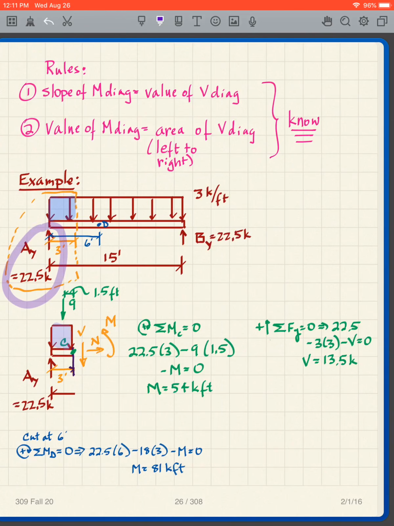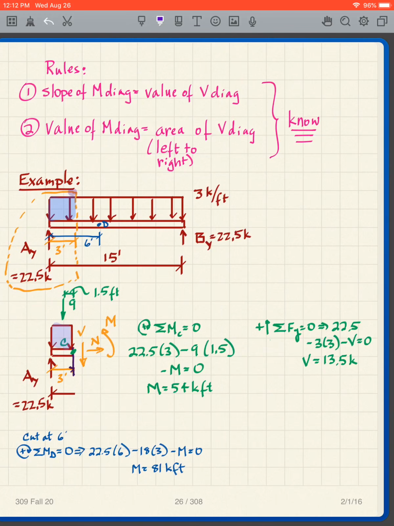I get half going to this side, half going to the other side. So I simply take the 45 kips total divided by 2. I get 22.5 kips there and 22.5 kips there. Perfectly acceptable to do that when you have a problem this straightforward. There's no reason to make it more complicated. Okay, so I now know the reactions.